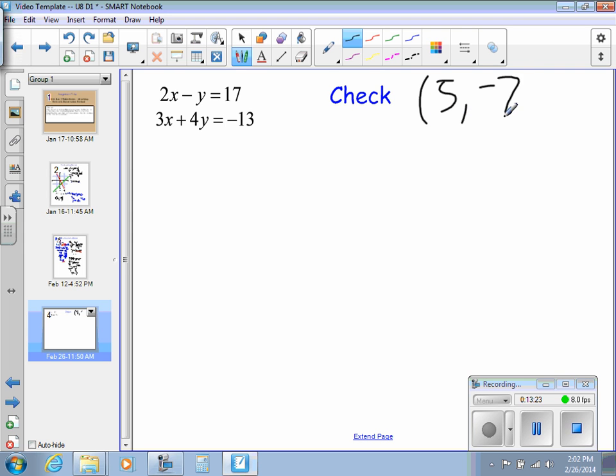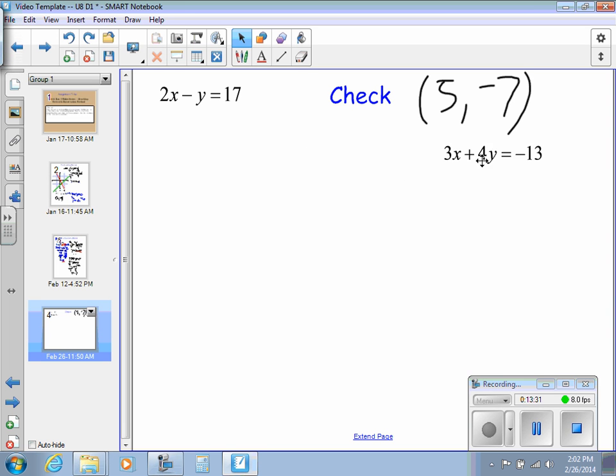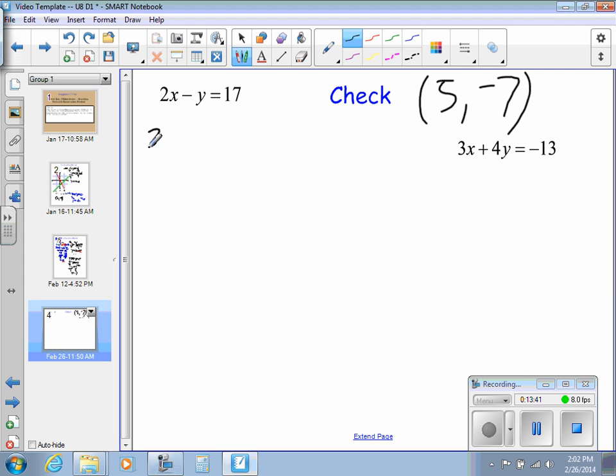5, comma, negative 7. And I'm going to plug this into each of these 2 equations. Let me go ahead and move these around so I can deal with them separately. So first, let's plug it in here. So I've got 2 times 5 minus negative 7.